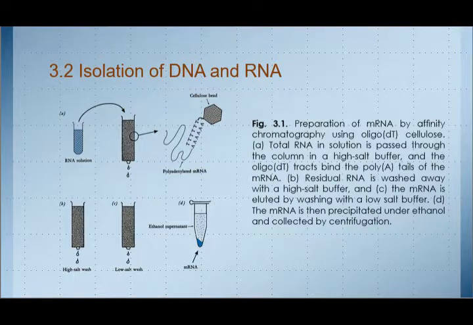The technique of gradient centrifugation is often used to prepare DNA, particularly plasmid DNA or pDNA. In this technique, a cesium chloride solution containing the DNA preparation is spun at high speed in an ultracentrifuge.